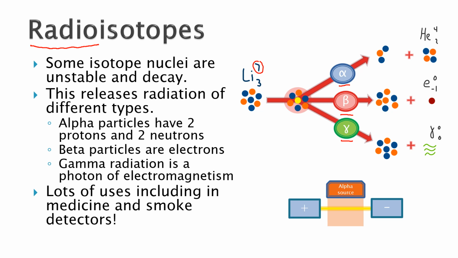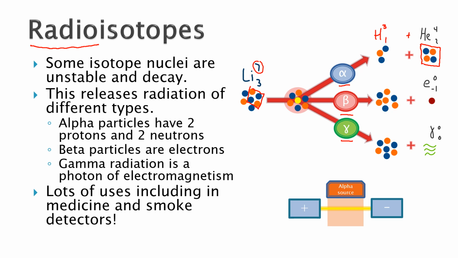The first type, alpha, gives off a pretty big chunk of the nucleus, 2 protons and 2 neutrons. We represent that as a little He for helium, because helium also has 2 protons, and a little 4 to represent the total mass. And what's left after that piece leaves, if we cut out 2 protons and 2 neutrons, is 1 proton and 2 neutrons, which is hydrogen with a mass of 3.